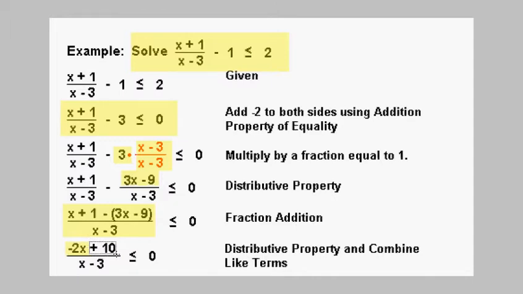That makes the plus 10. So now our rational inequality is (-2x + 10)/(x - 3) ≤ 0. And now we have it in the form we can work with. We can now find critical numbers, plot them, and test our regions to solve this inequality.